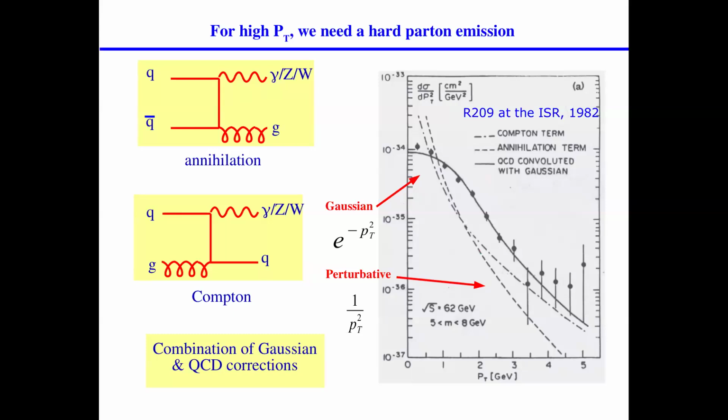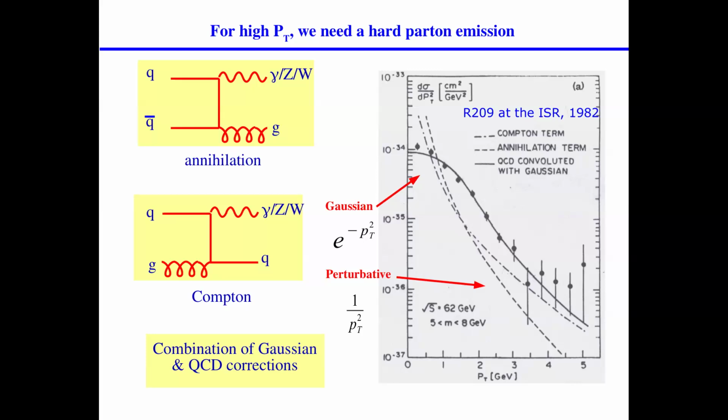And if I want to calculate the full PT spectrum of the W, here's the data. It sort of looks maybe Gaussian down here, and then out here, the events should come from a hard emission of a gluon. So here's some of the diagrams that go into it. I can have a quark antiquark annihilation, okay, and then without the gluon, the W would have 0 PT.